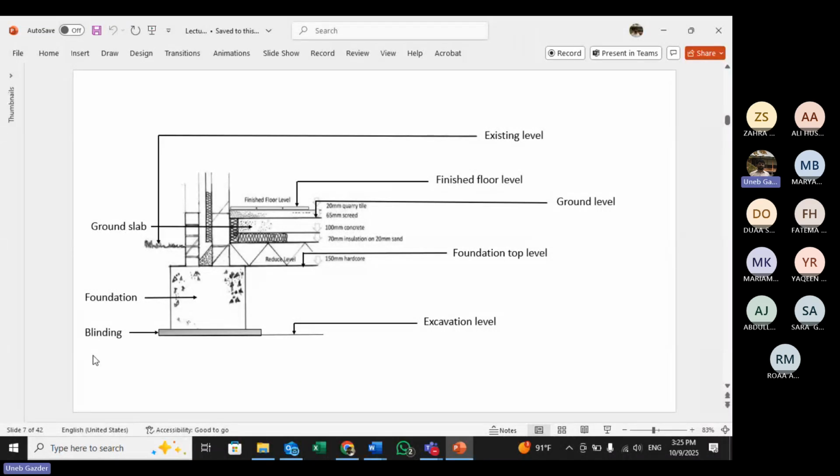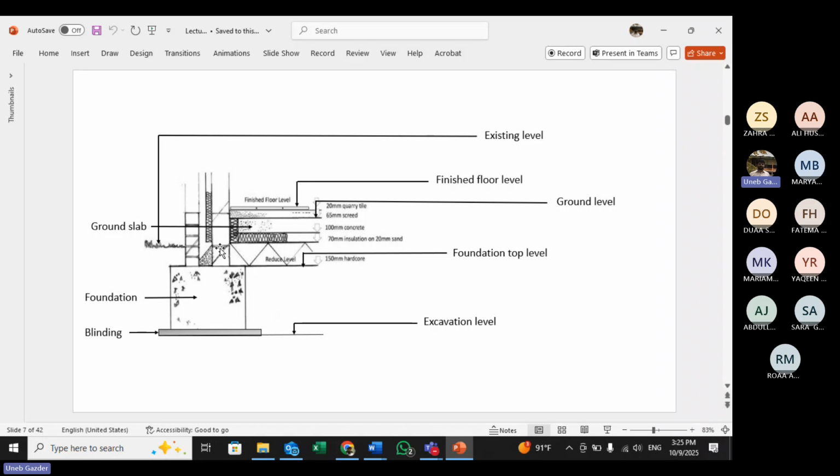Sometimes under the foundation there could be settlement as well, like one side of the ground sinking or going down and the other going up, which mainly happens because of changes in water level. So we want to protect the foundation and the structure itself by providing this blinding. It is a sort of weak concrete for the protection of the main footing.